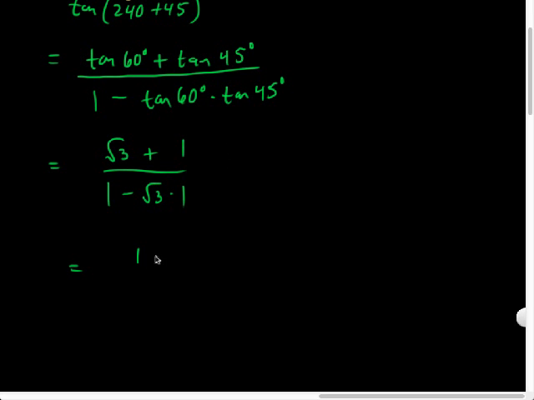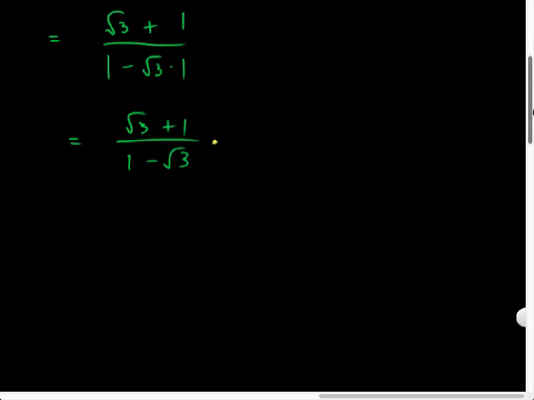So this is square root of 3 plus 1 over 1 minus the square root of 3. Wait a minute, I can't leave a radical in the denominator, friends. I know you have not seen this for a long time, but in order to get rid of a radical that's part of a binomial, I have to multiply by the conjugate.